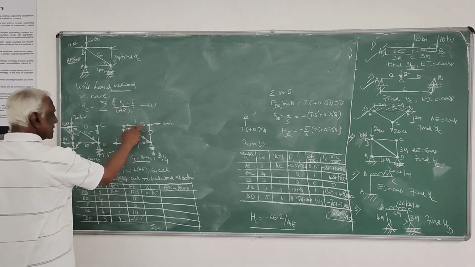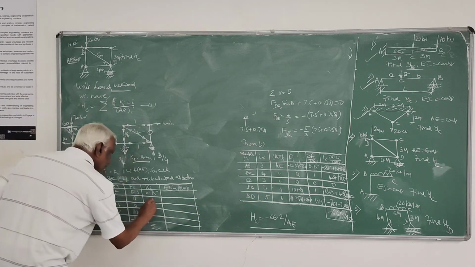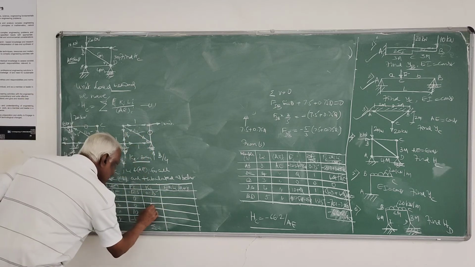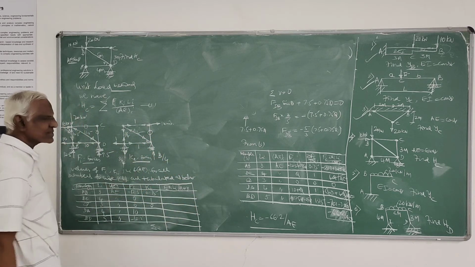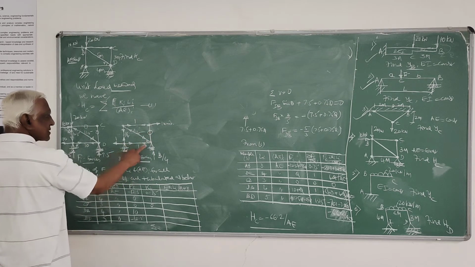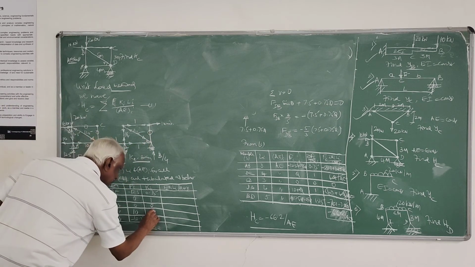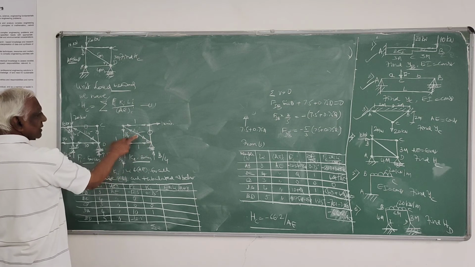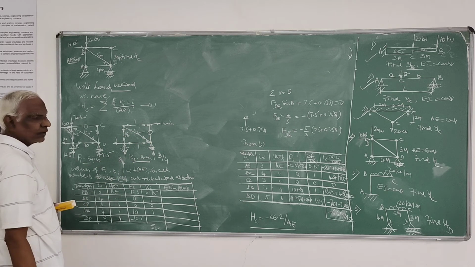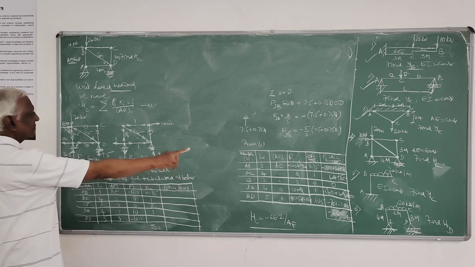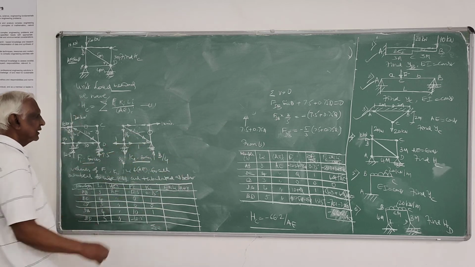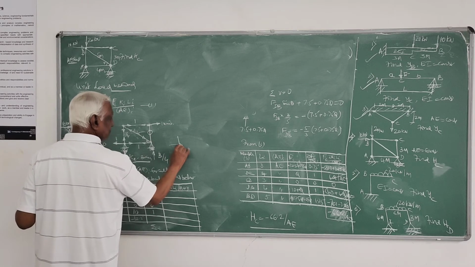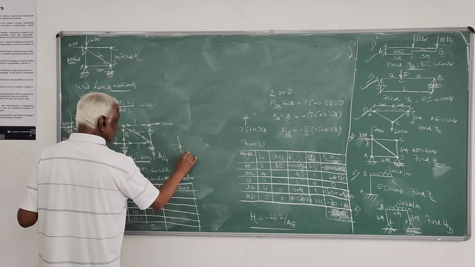Then for BC this is 1, positive 1. Then this is 0. Then this is 1, there 1. Then lastly this is minus 1.25. So you have to check that sign. Here let us see, because this point D, this is 3 by 4.